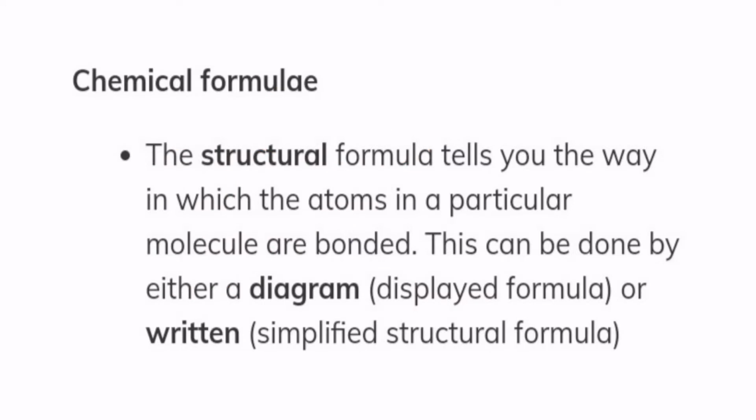So let's talk about chemical formula. We can represent a chemical formula of a certain compound in different forms. We have a structural formula, which tells the way those atoms have combined or bonded in the molecule.